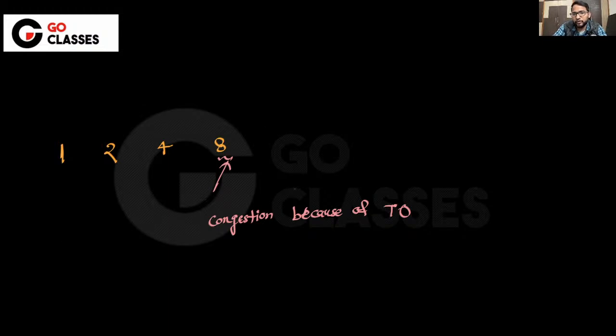What will be the new congestion window? The new congestion window will be 1, and then I will again start with 1. And I keep on doubling it because I'm in the slow start, but only till the threshold. So the congestion window is 1, but my slow start threshold is now 4. So I will go from 1 to 2 to 4, right?